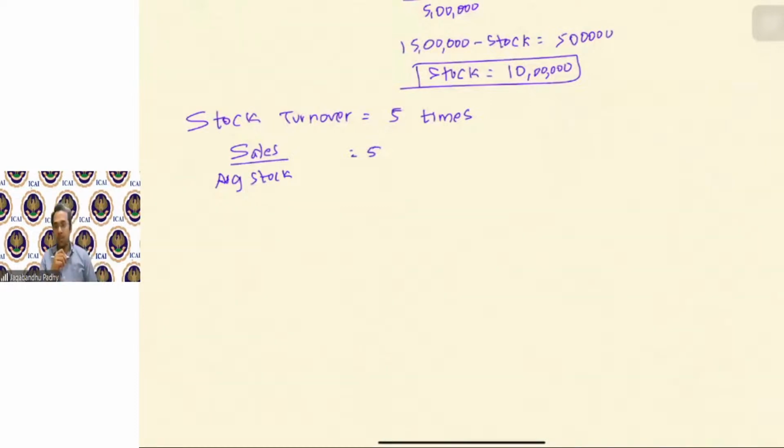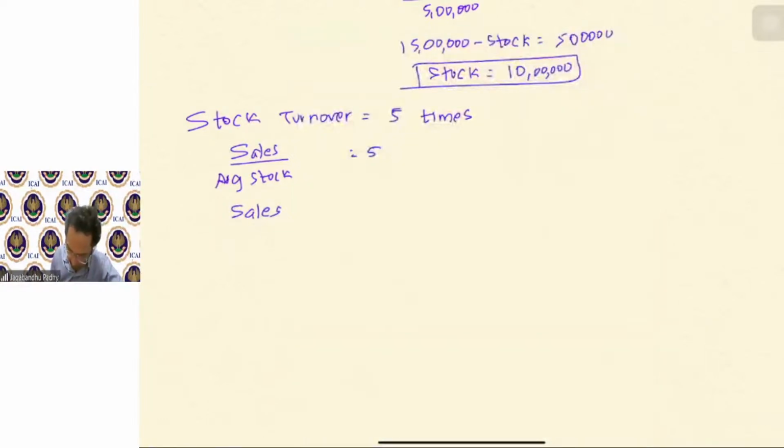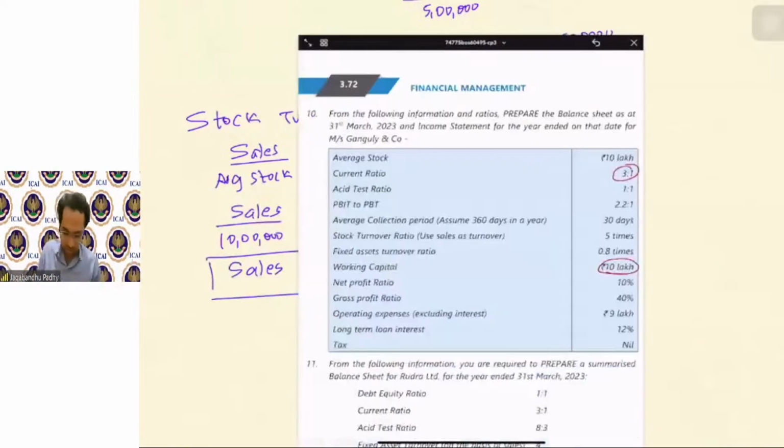Sales upon average stock is 5. Average stock is 10 lakhs and this is 5. So we can say sales value is 50 lakhs. So we got the sales value. Now based on sales, we can actually get the debtor value by taking this as a 30 days criteria.